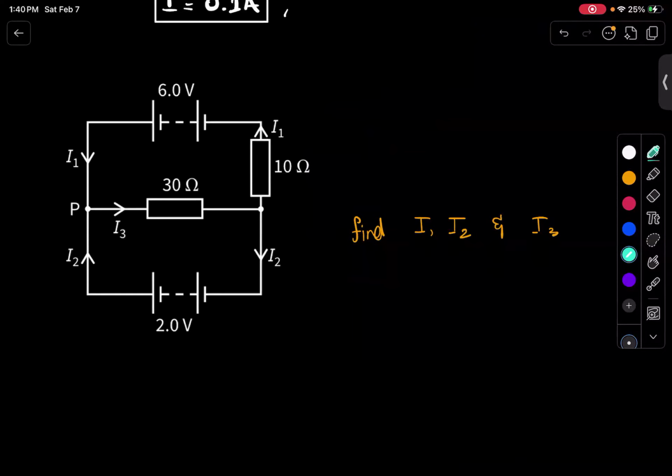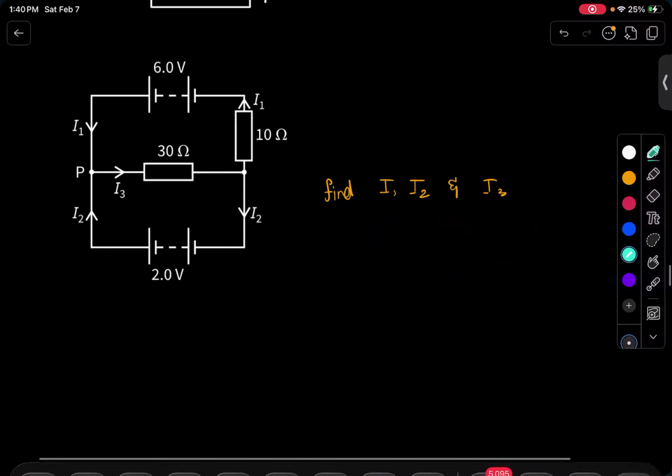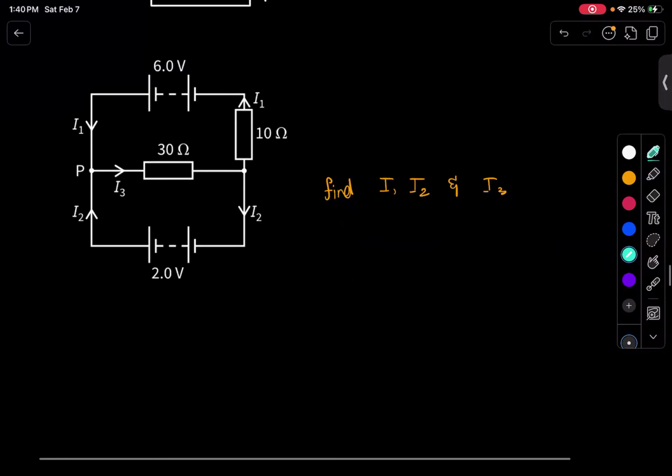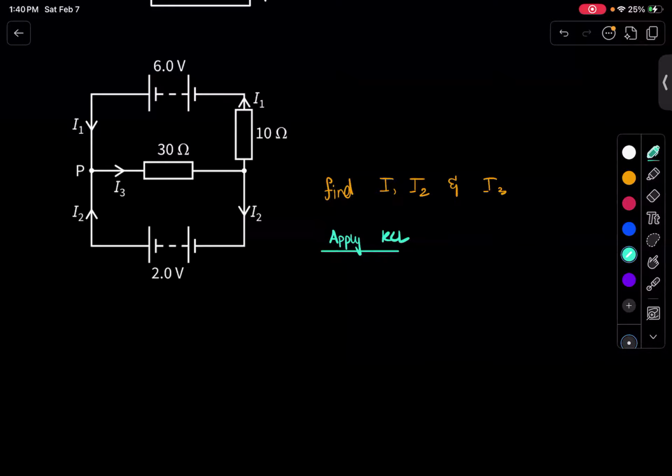Okay, let's see. In this case, first of all, try to apply KCL first, because that seems pretty straightforward to do. Current law. Can I relate the currents somehow together? I can say that I3 is equal to I2 plus I1, right? That's pretty basic to say because the currents entering over here are leaving through I3.